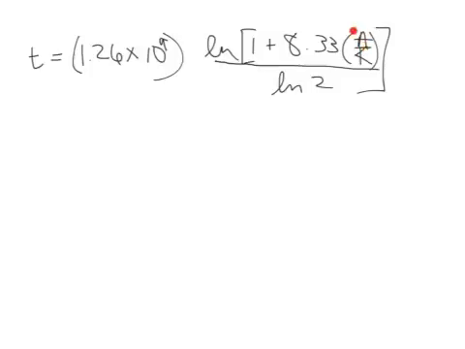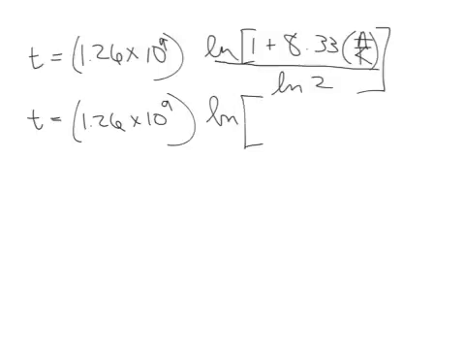Which means this multiplied by 8.33 is 0. So we can actually write that. I have to write the whole thing again. 1.26 times 10 to the 9th ln 1 plus this is going to be 0 over, whoops, that's not an exponent, that's an ln of 2.